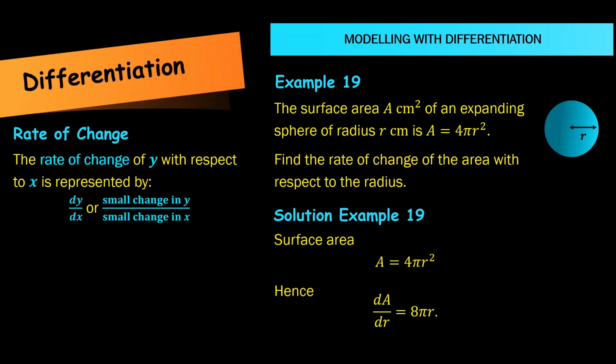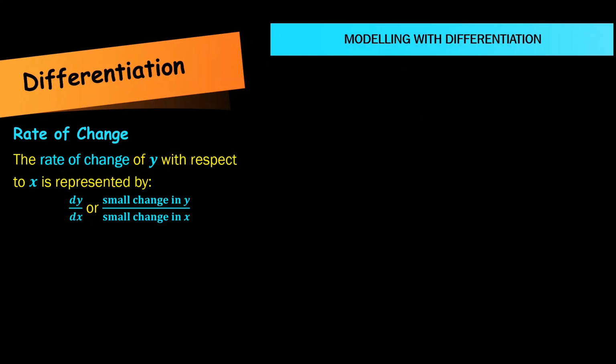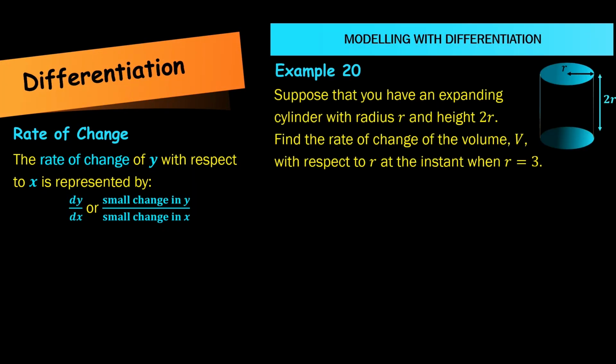Suppose that you have an expanding cylinder with radius r and height 2r. Find the rate of change of the volume V with respect to r at the instant when r is equal to 3. Let's try solving this. The volume of the cylinder is V equals pi r squared, in other words the area of the base, multiplied by the height.